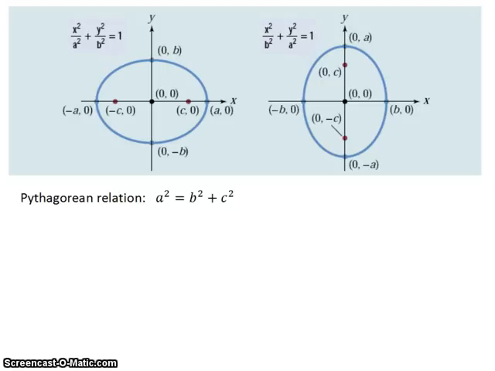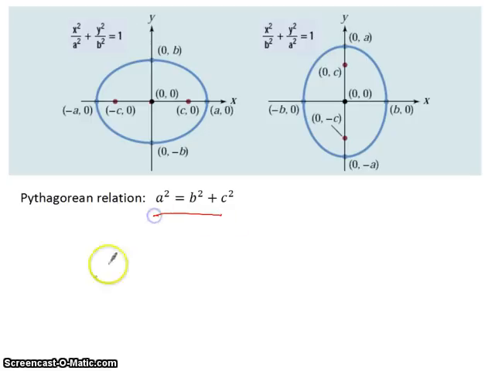Essentially, if your bigger value is underneath x, then your major axis is along the x-axis. If your bigger value is underneath the y, then you're going to be dealing with the major axis along the y-axis. So the b value represents the distance from the center to the end of the minor axis.